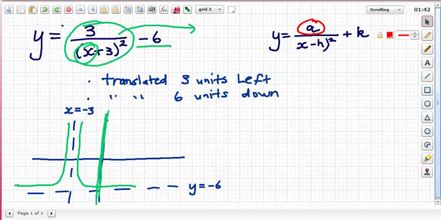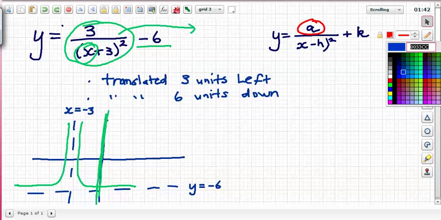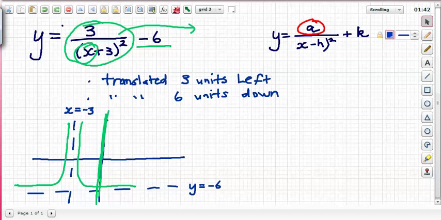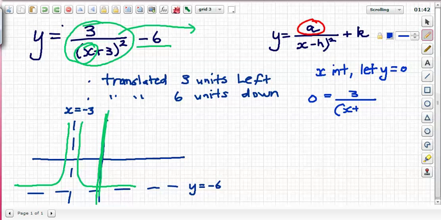So we've got to find the x-intercepts. I'm going to let y equal 0, which means we have 0 equals 3 over (x plus 3) all squared minus 6. Let's get 6 on the other side.